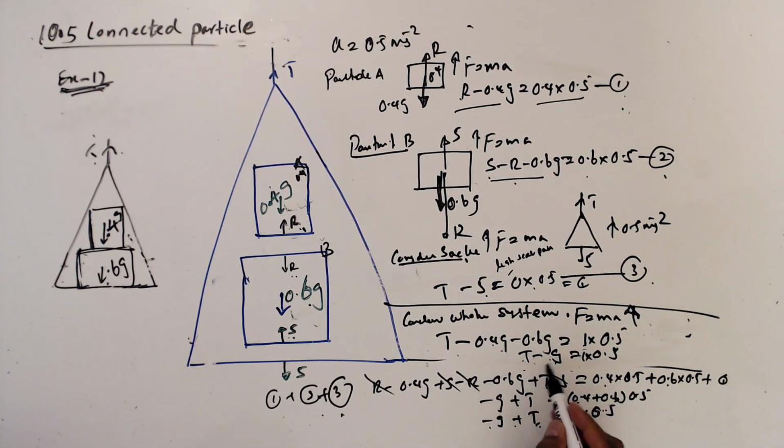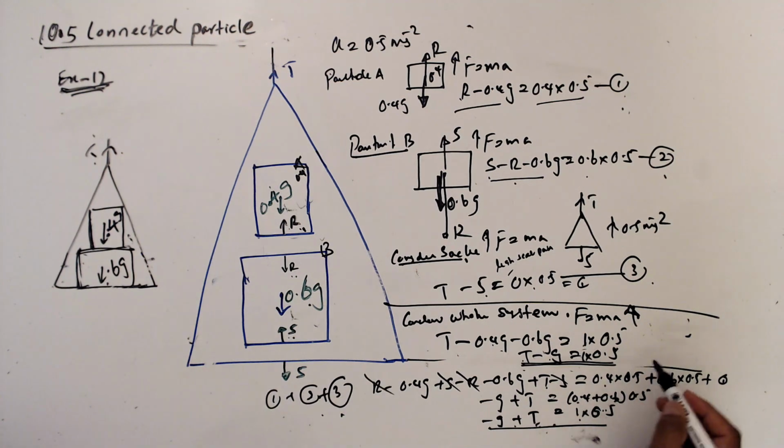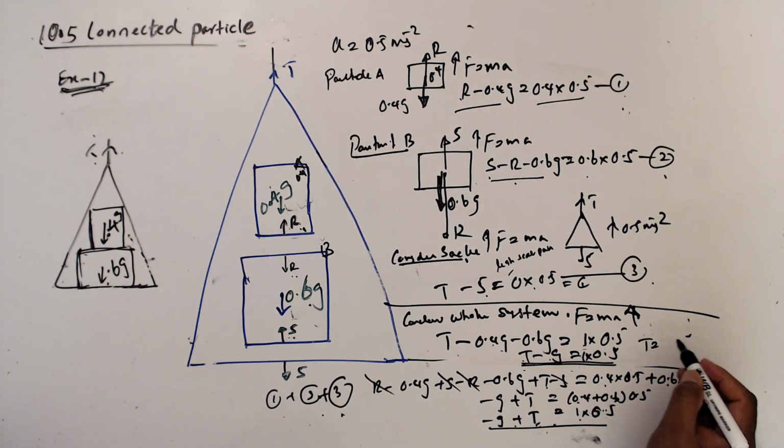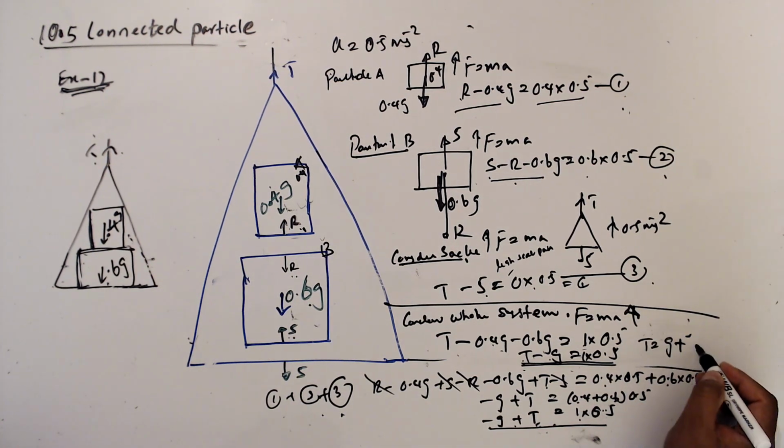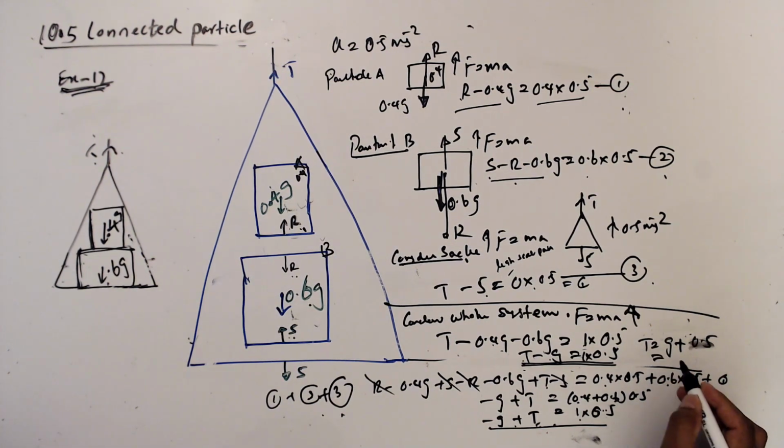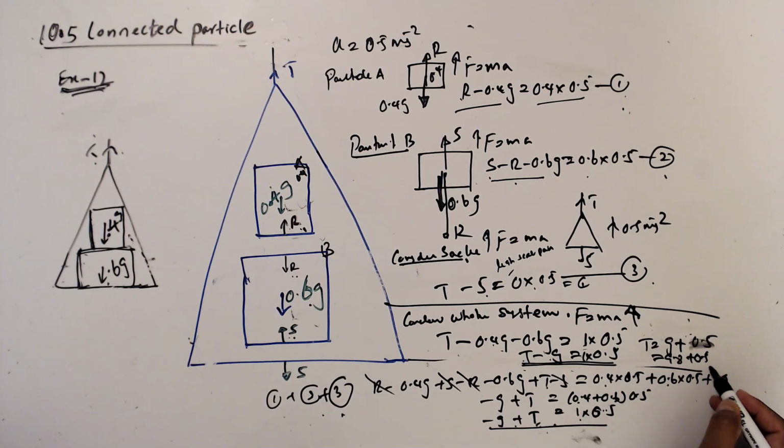So the tension equals G plus 1 times 0.5. G is 9.8 plus 0.5, this is going to be 10.3 Newton.